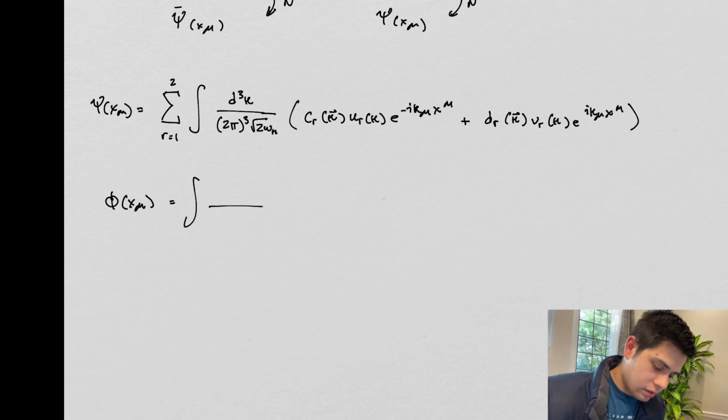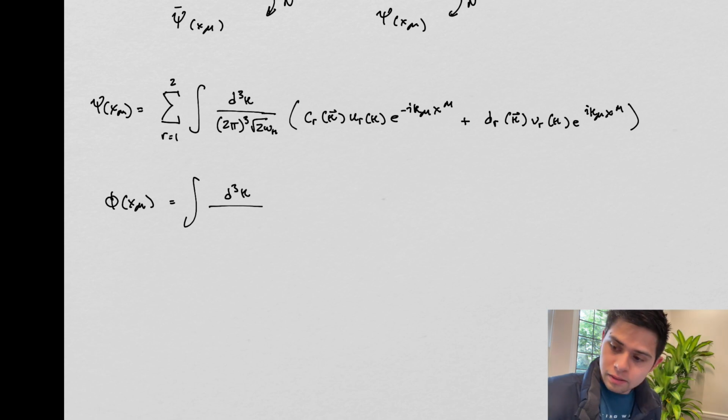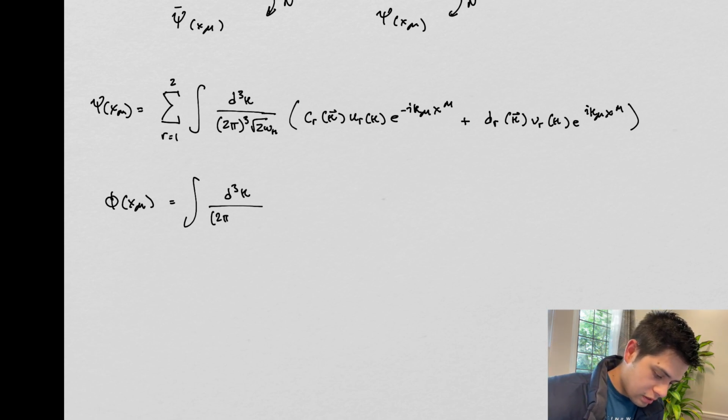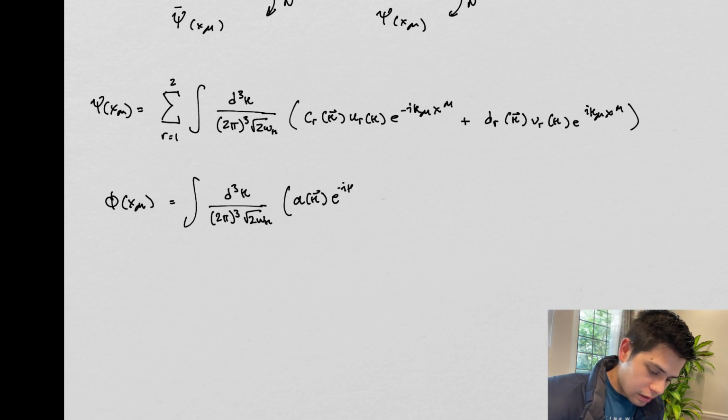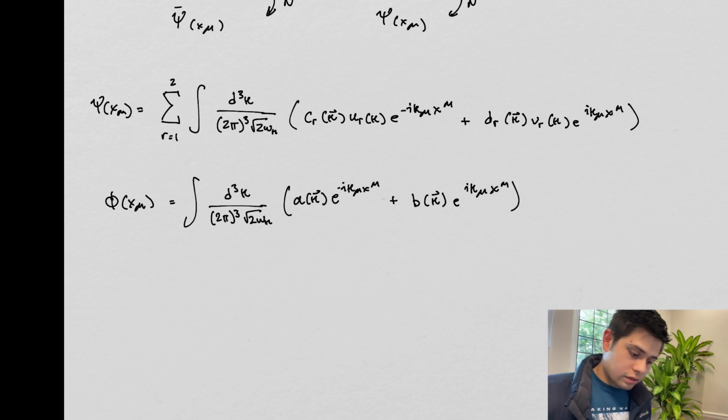This is going to be d^3k over (2 pi)^3 times 2 omega k, times a_k e to the i k_mu x^mu, plus b_k e to the positive i k_mu x^mu, like this.